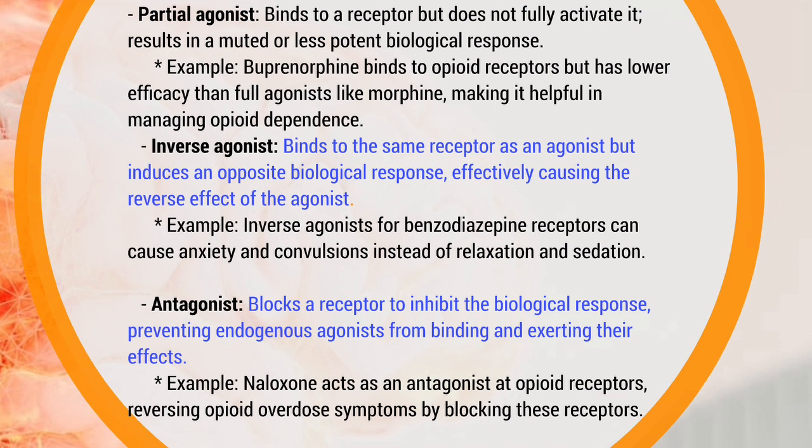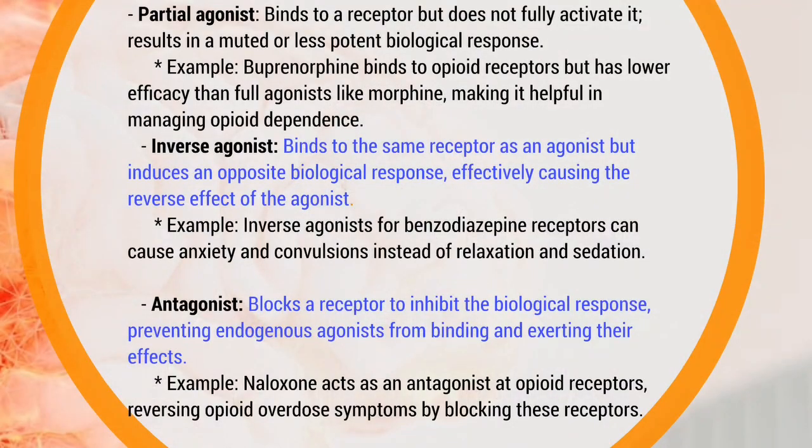Antagonism, on the other hand, blocks a receptor to inhibit the biological response, preventing the endogenous agonist from binding and exerting its effect. So the inverse agonist is the same concept as the agonist, however in reverse order.